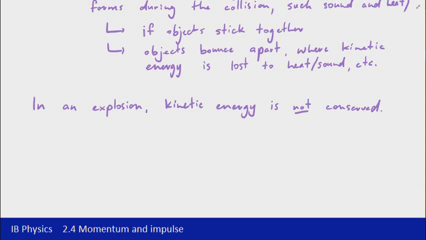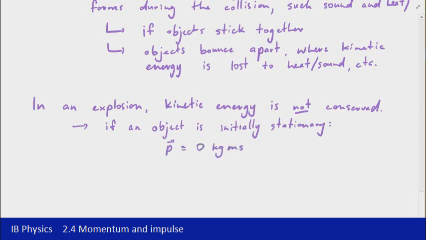So a way to think about that is, again, I'll just make a note here. If an object is initially stationary, then what we can say is that the momentum is equal to 0, and the kinetic energy will also be equal to 0.